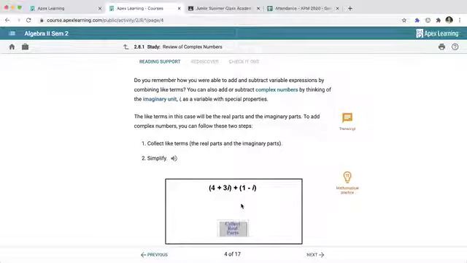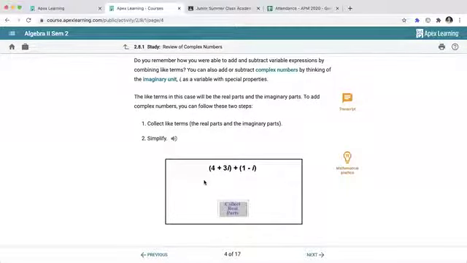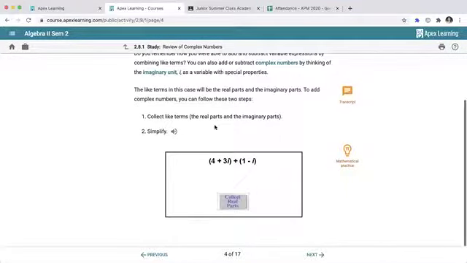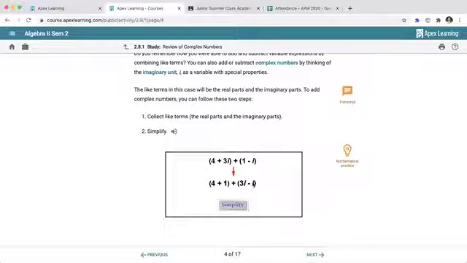When we're talking about like terms with complex numbers, we're talking about the real parts and the imaginary parts. So the two steps for adding this together here: collecting like terms and then simplifying. If we collect the like terms here, we collect the real parts first, we collect the imaginary parts second, or in the same step, and then we simplify.